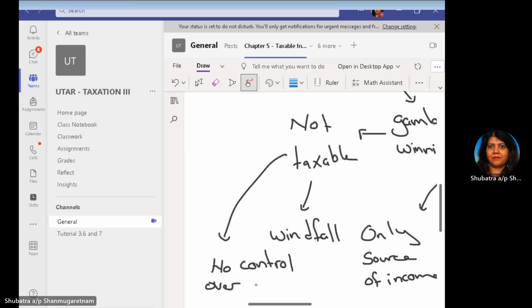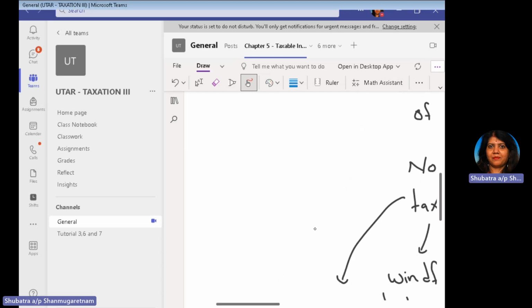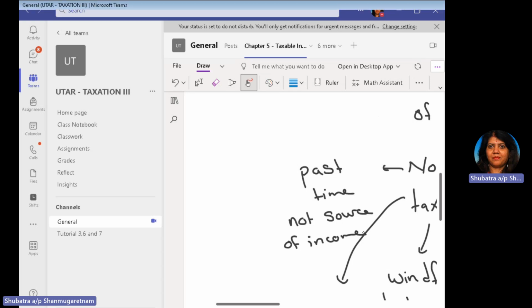You have no control over the winnings, it becomes non-taxable. You do it as a pastime. It's not your source of income. Then it is not taxable. All right?